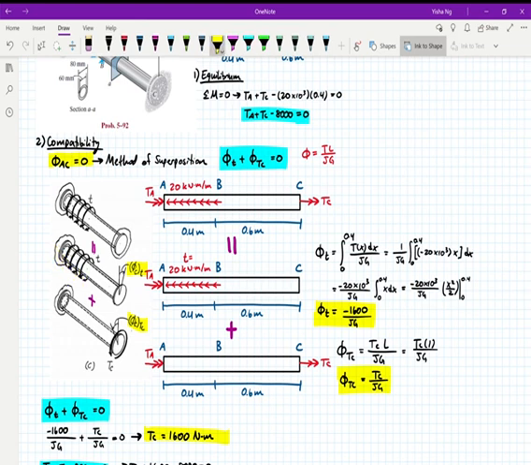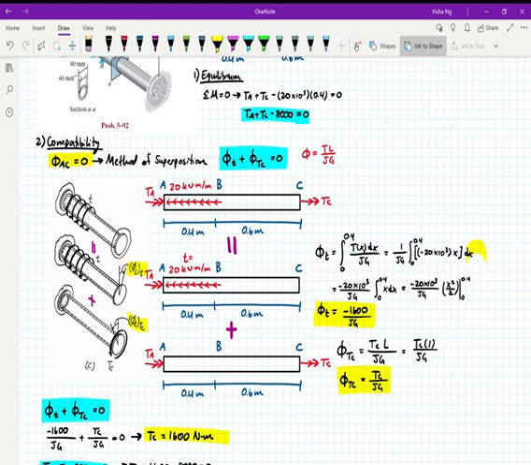So first thing I'm doing is pulling JG out of the integral because it's a constant. So I have 1 over JG, integral from 0 to 0.4, and then I have the value of what my Tx is. My Tx is the distributed load value, negative 20 times 10 to the third, multiplied by the distance that it's acting on, x. And the reason it's negative is because if you use the right-hand rule, it's pointing to the left.